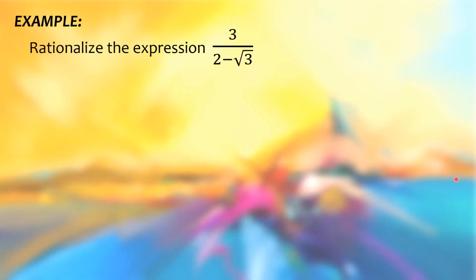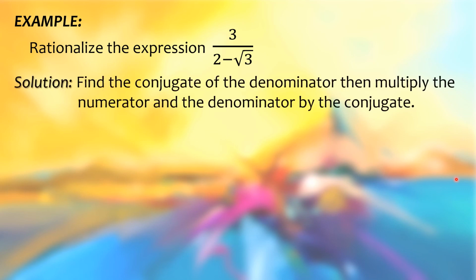Another example, rationalize the expression 3 over 2 minus square root of 3. So, for the solution, find the conjugate of the denominator, then multiply the numerator and the denominator by the conjugate. So, dito, kapag meron tayong given fraction, para tayo nag-rationalize or rationalization process, so hahanapin natin ang conjugate ng denominator and then imumultiply natin sa numerator at sa denominator.